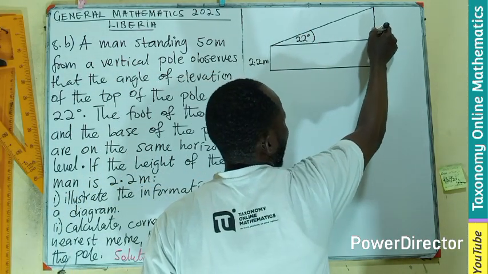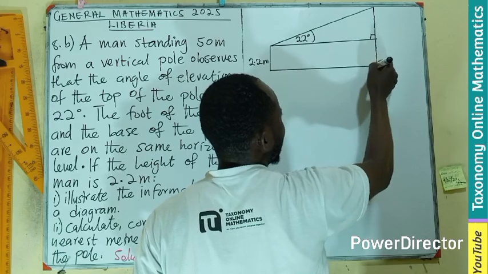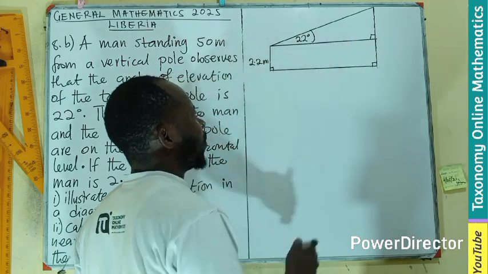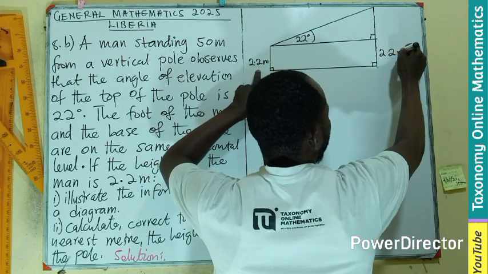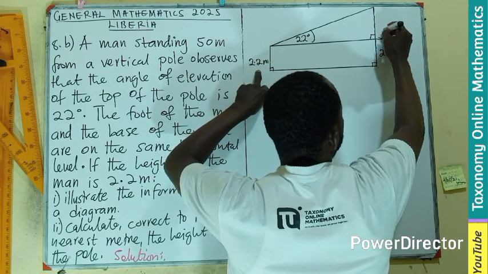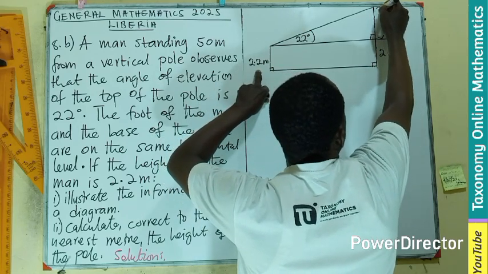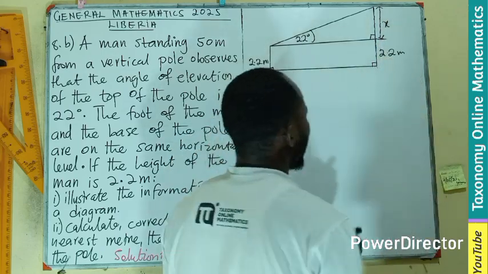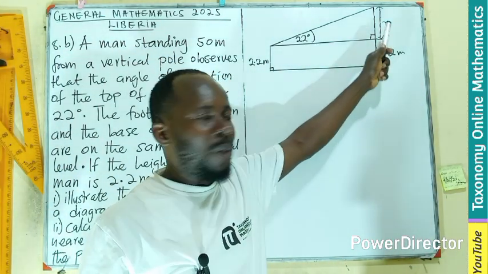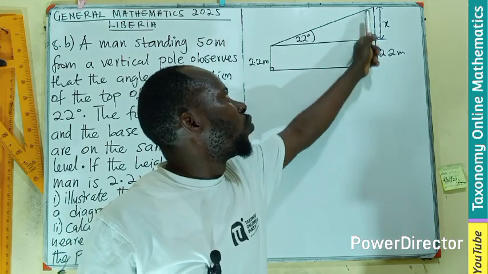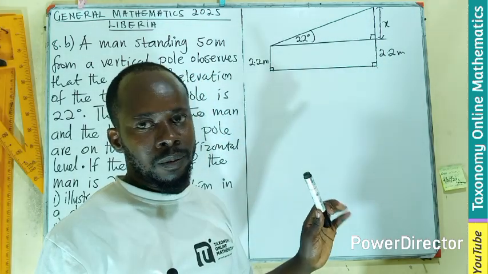This is going to be a right angle, same as this, and all of them. So this is going to be the same as 2.2 meters because that is more or less like a rectangle. So we need to find the position here so that we can add it to the 2.2 to know the total height of the pole.